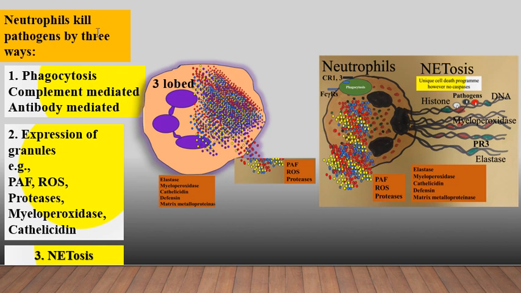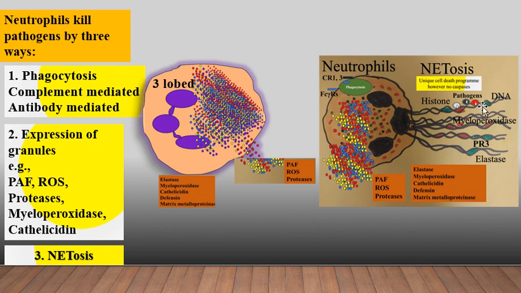Also, neutrophils have the capacity to kill pathogens by what is called NETosis. NETosis means that neutrophils modify their chromatin and produce filaments or fibers outside the cell. They look like a trap.